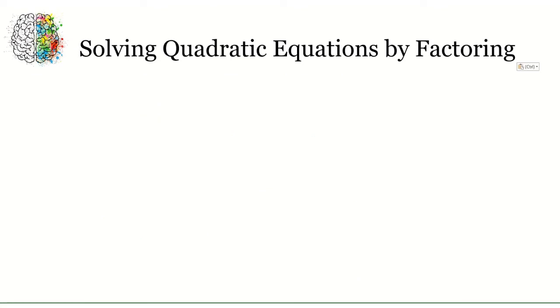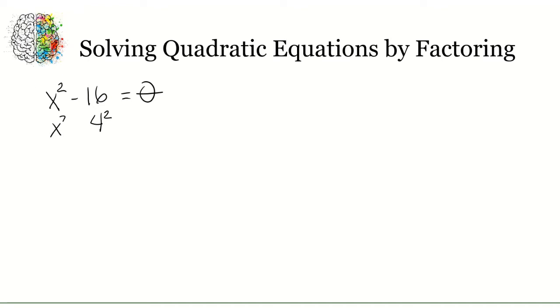In my second problem, let's say that I am given x squared minus 16 equals 0. I recognize that this looks like it can be the difference of two squares, because 16, I can make that into a perfect square of 4 squared.